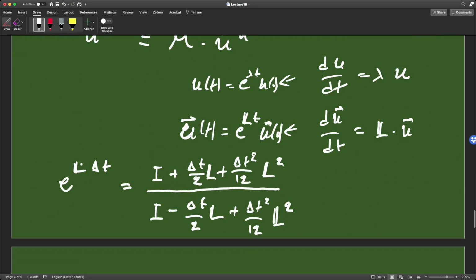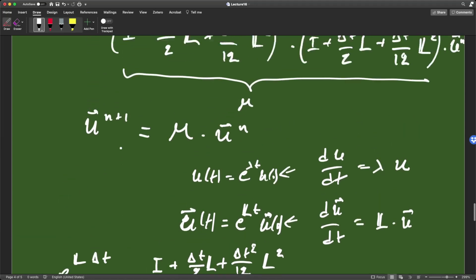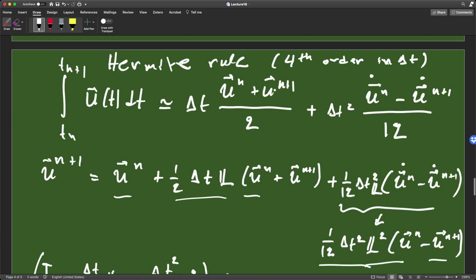The exponential is only a solution for linear PDEs. It's not a solution for nonlinear PDEs. Whereas the Hermite method can be applied for linear or nonlinear PDEs. And also, if we have systems that involve more variables, as we will see when we discuss the wave equation, it will prove to be more convenient to use the Hermite rule.